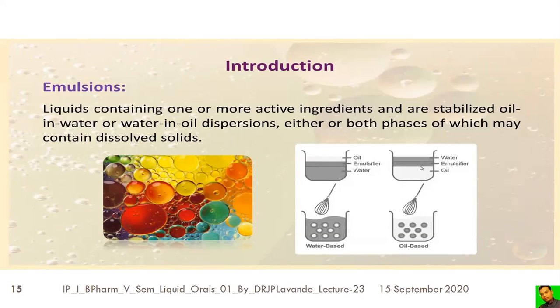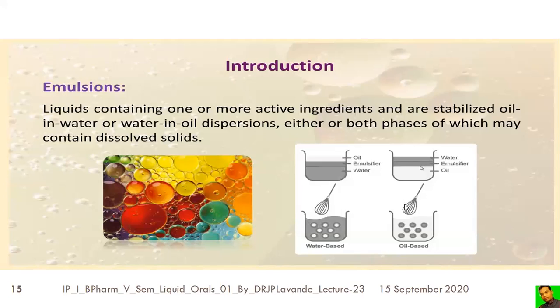So either the oil will contain the medicinal component, or the aqueous phase will contain it, or sometimes both will contain the active pharmaceutical ingredient, based on its partition coefficient, its dissolution, and its solubility in both phases.